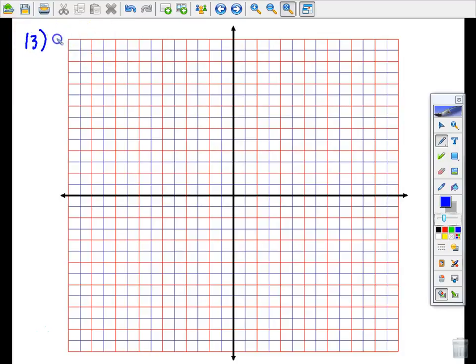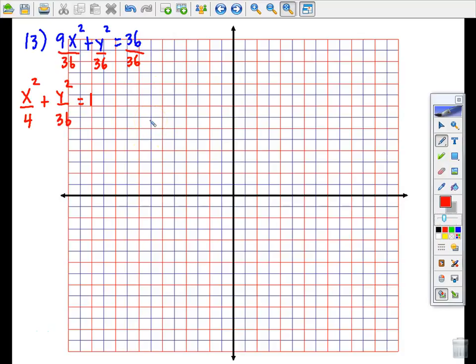All right, moving right along. Number 13 is another ellipse equation, but the difference here is it's not in standard form. So my first move is to divide everything by 36. Standard form for an ellipse equation has to equal 1. Now when I divide by 36, I get x squared over 4 plus y squared over 36 equals 1.